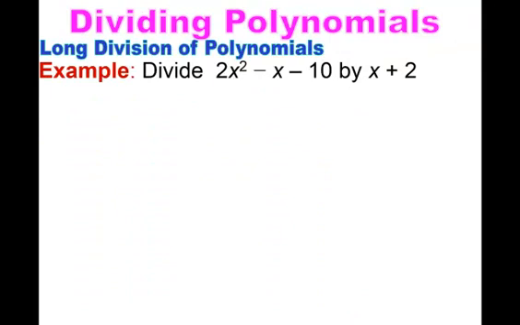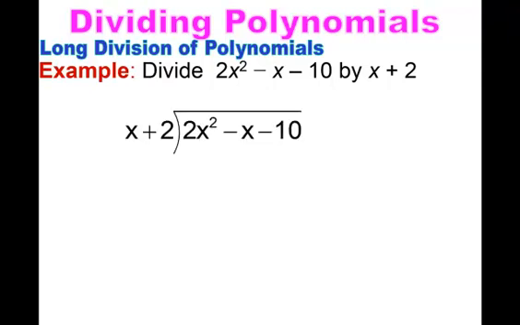So we're going to do long division of polynomials. I have this trinomial 2x squared minus x minus 10, and it's being divided by x plus 2, that binomial. So the first thing I like to do is set it up. The x plus 2 on the outside with the 2x squared minus x minus 10 inside.